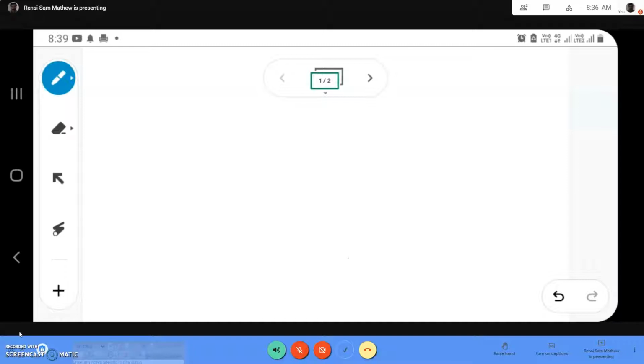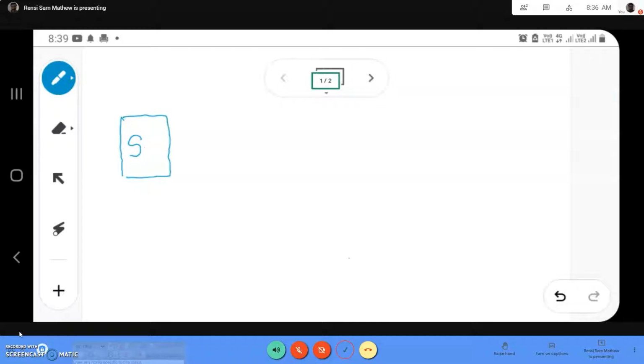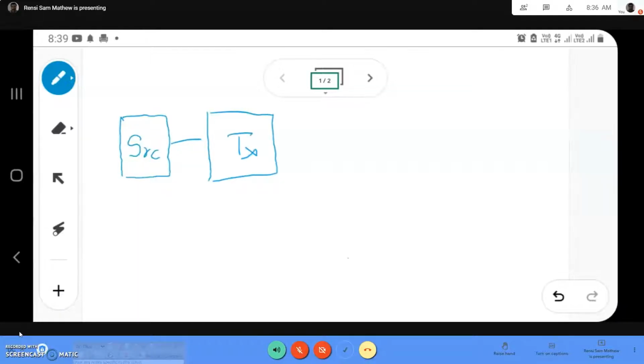We know that there is an information source. This is my source, and then I have the transmitter. From the source we have messages, which we wrote as mi.